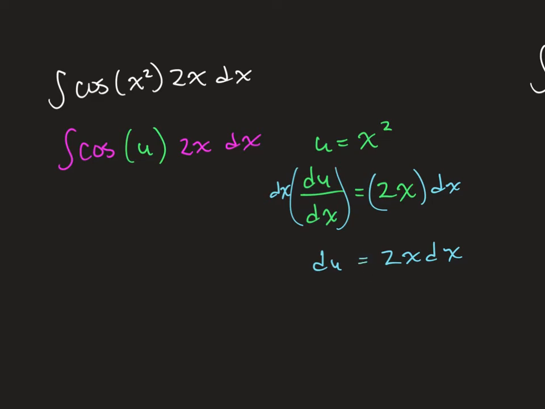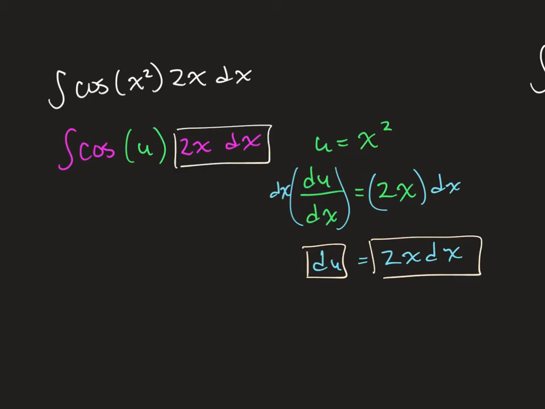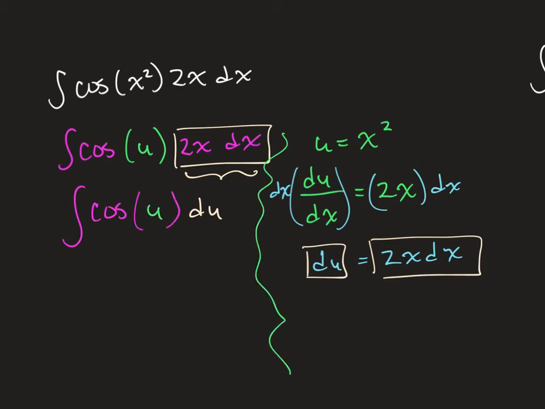This equal sign means is the same as, which literally means that du is the exact same thing as 2x dx. So this right here can get replaced with du. So I have the integral of the cosine of u du, and y'all know what to do in that case.